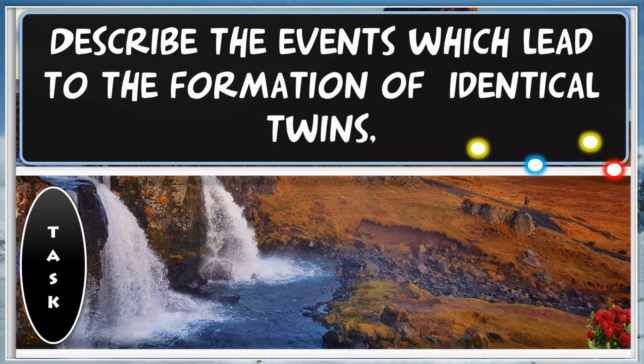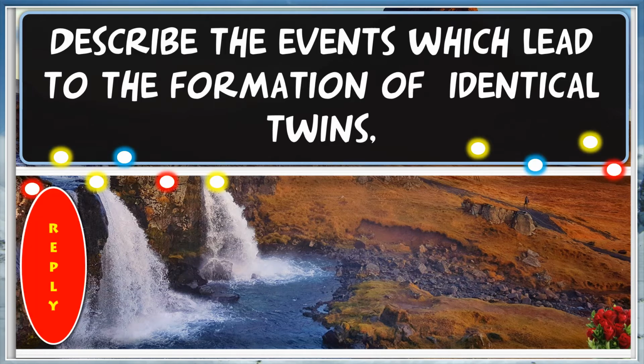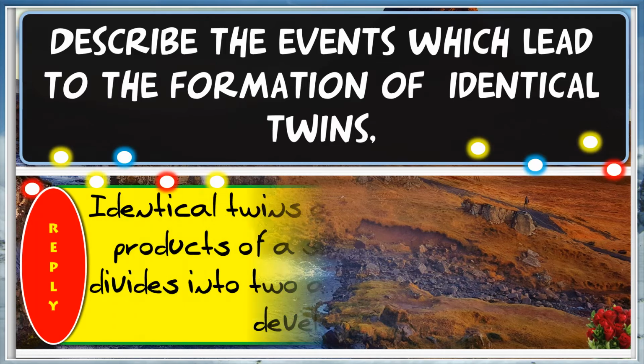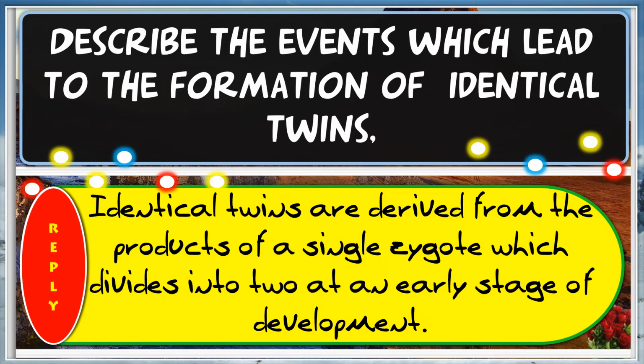Describe the events which lead to the formation of identical twins. Identical twins are derived from the products of a single zygote, which divides into 2 at an early stage of development.